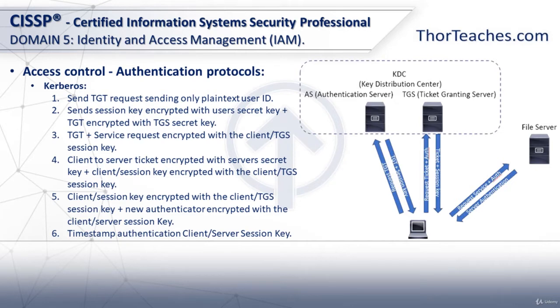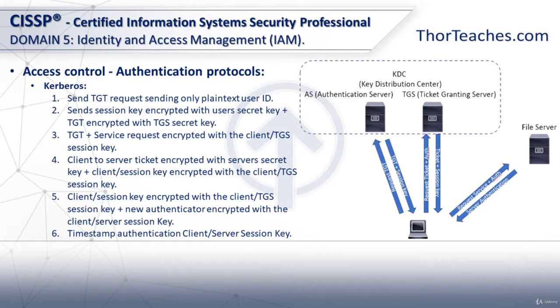From my laptop, I request a ticket granting ticket from the authentication server, sending it my plaintext user ID. The authentication server does a user lookup in the Key Distribution Center. It sends you two messages back. It sends you the ticket granting server session key and a ticket granting ticket. You then send that to the ticket granting server. You send an authenticator, which is your ID and a timestamp, and then you send the ticket granting ticket.